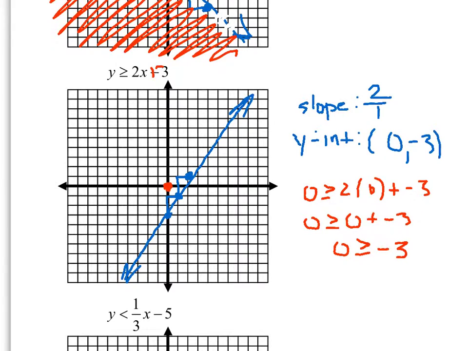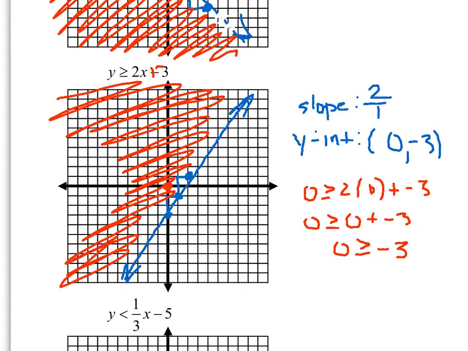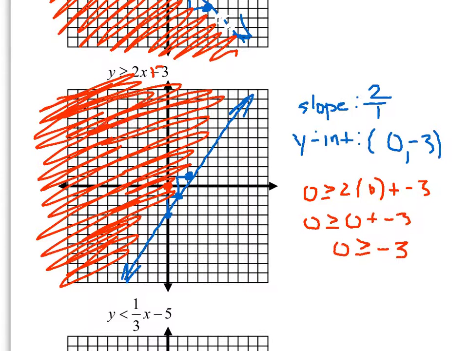Yes or no? Yes. Okay, so that means that this side is the correct side. So I'm going to shade it in. Kendrick, are you clear why I shaded in this side?